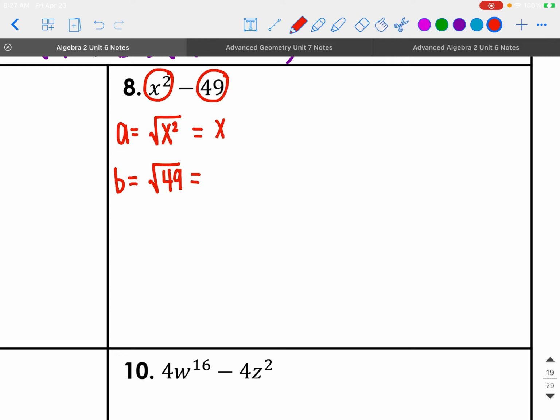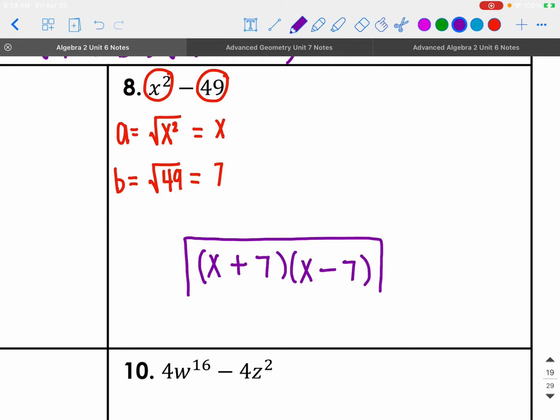And my B, that's the square root of 49, which is 7. So my answer, x plus 7, x minus 7.